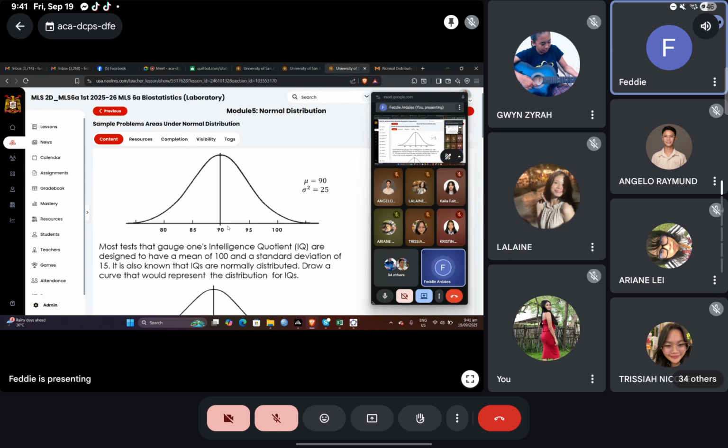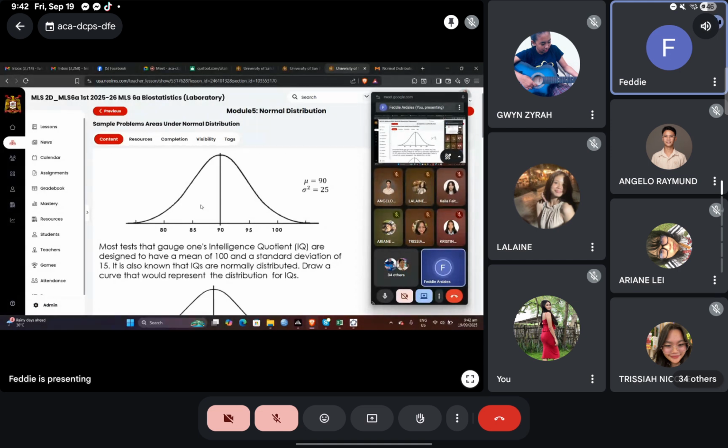To the right is 95, to the left is 85. This means mean minus standard deviation, and the other one mean plus standard deviation. For 80, mean minus 2 standard deviations, and for 100, mean plus 2 standard deviations. So this is the graph that illustrates with this notation a mean of 90 and a standard deviation of 5, or a variance of 25.